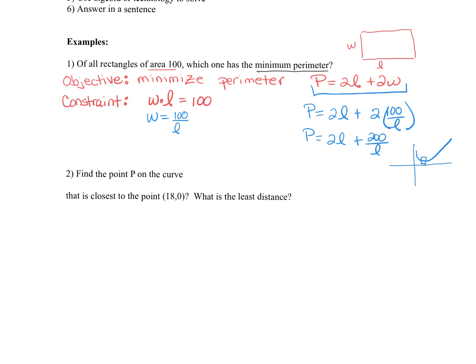So how do we do that using our technology? Once we have this graphed, we're going to put this into Y1, and we'll graph it. And I want to find the lowest point on the graph. So I'm going to do second calculate. I'm going to choose minimum.